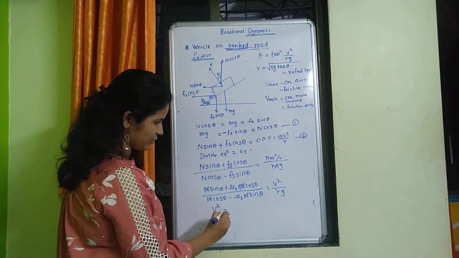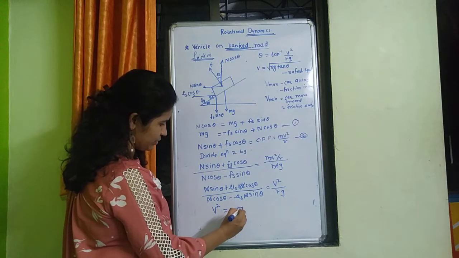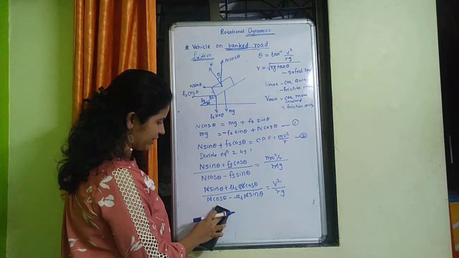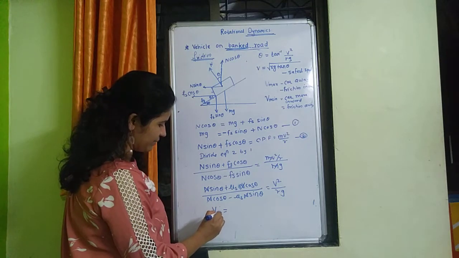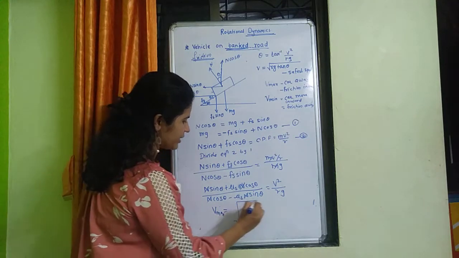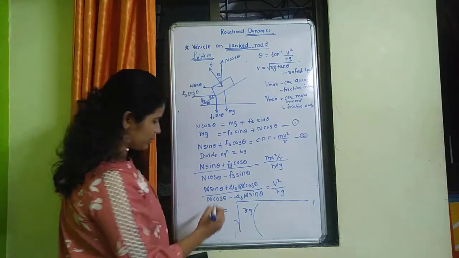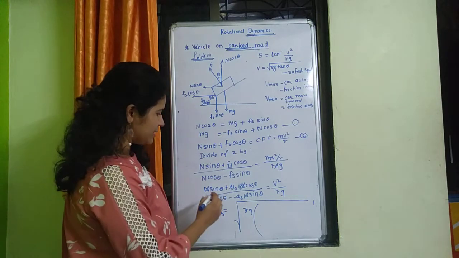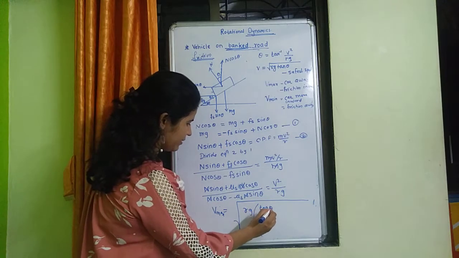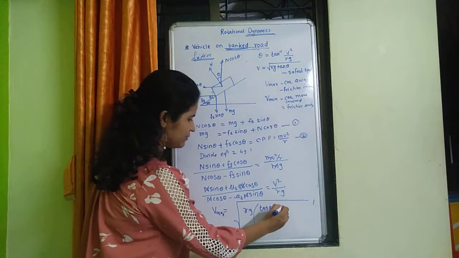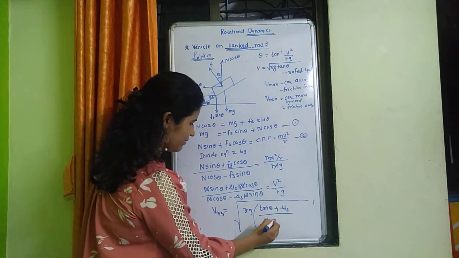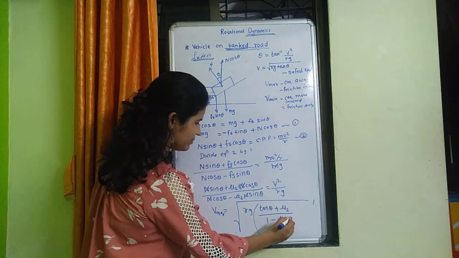So we directly get the maximum speed v max, equal to the square root of r g multiplied by the fraction. Dividing each term by cos theta, in both numerator and denominator, it becomes tan theta plus mu s divided by 1 minus mu s tan theta.